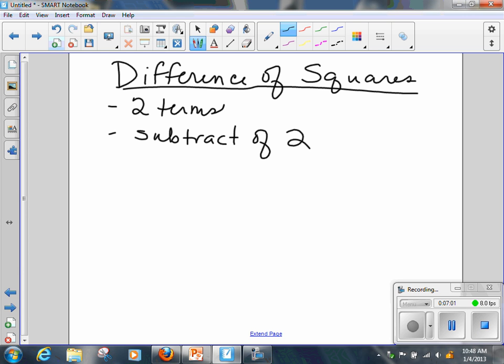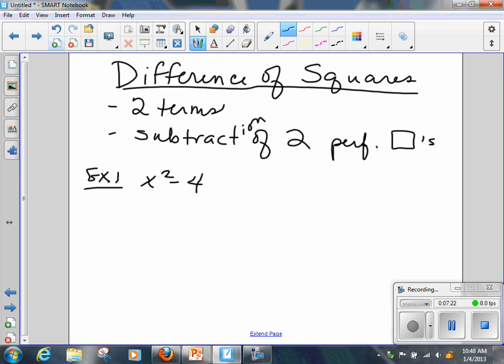Perfect squares. Subtraction of 2 perfect squares. Guys, I abbreviate everything. You will learn my abbreviations. Some of you already know them. Subtraction of 2 perfect squares. Easy, easy, easy.